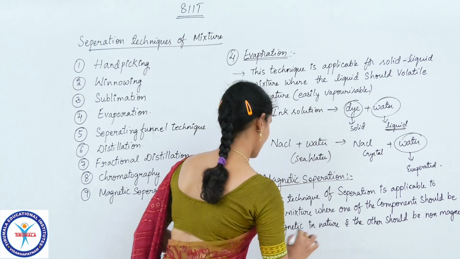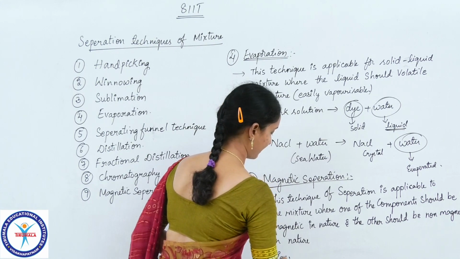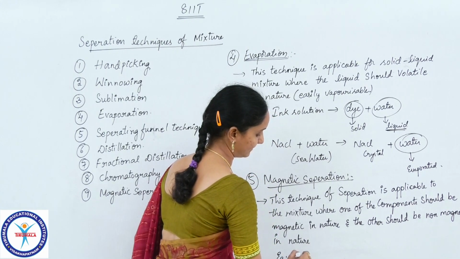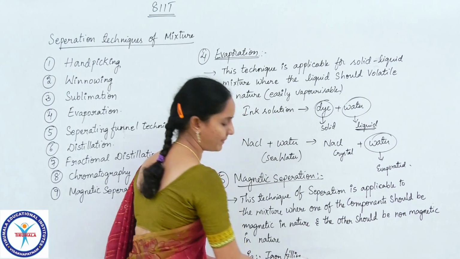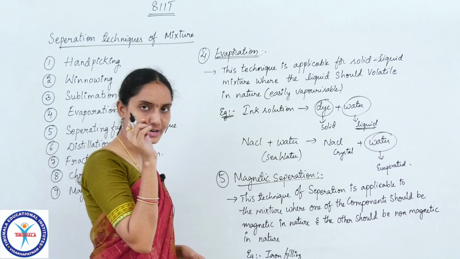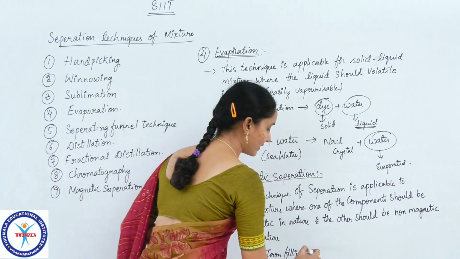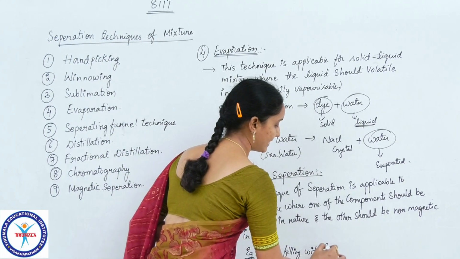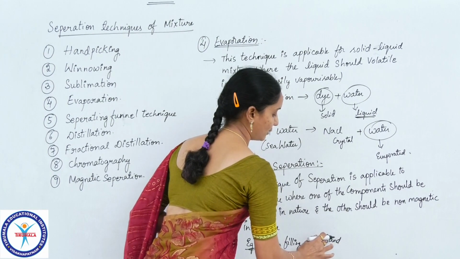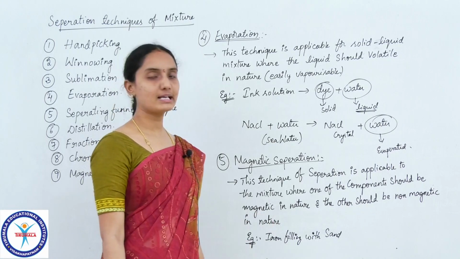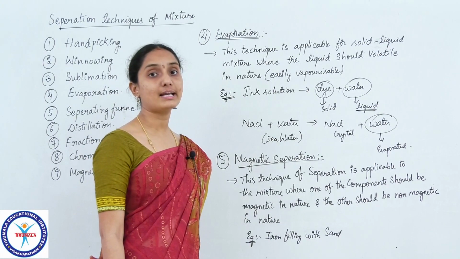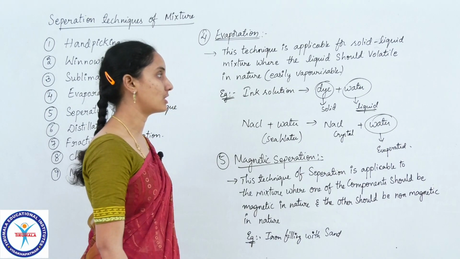For suppose if you take a mixture of iron filings, which are very small particles of iron, mixed with sand, they cannot be separated by hand picking. So the iron filings present in the sand can be separated by magnetic separation, children.